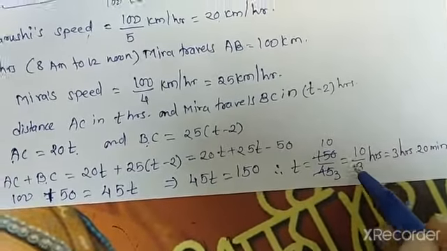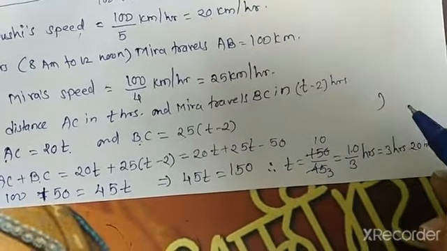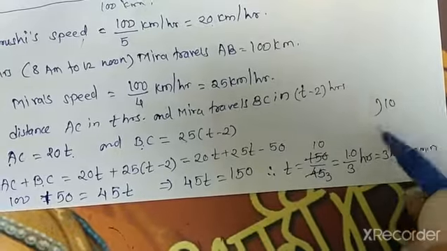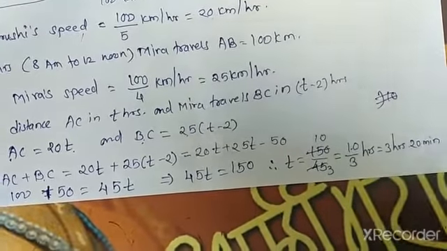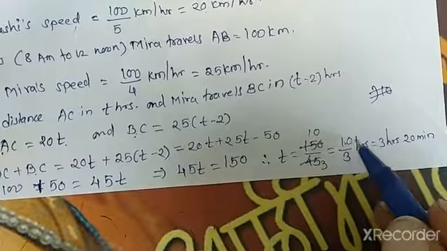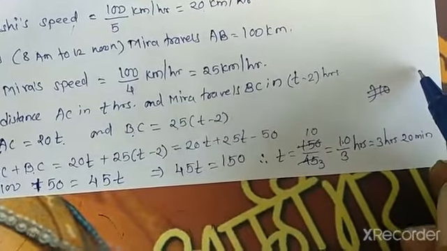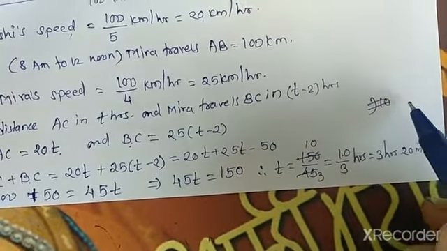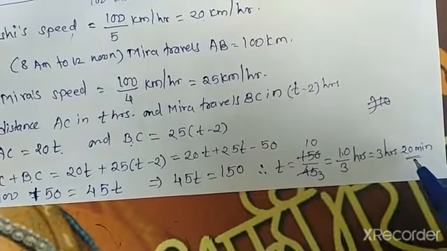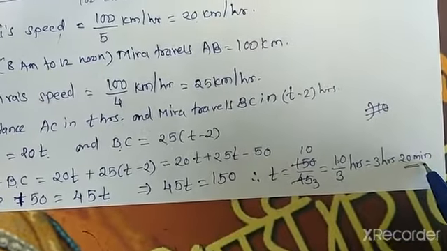If we divide 10 by 3, 3 threes are 9, so the remainder is 1. If we convert it into minutes, it will be 20 minutes.